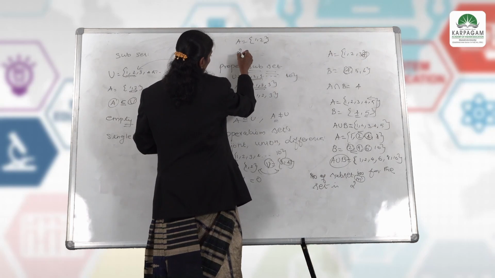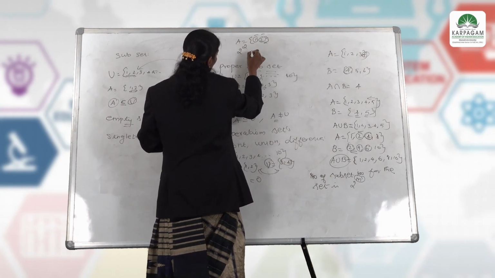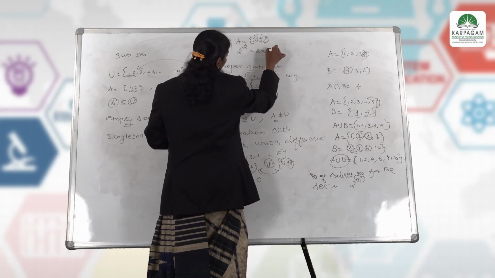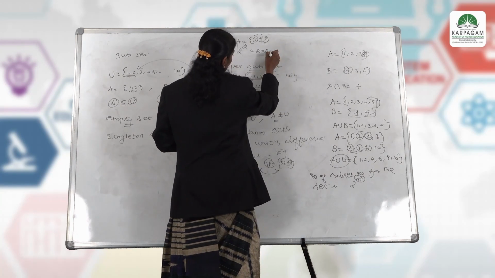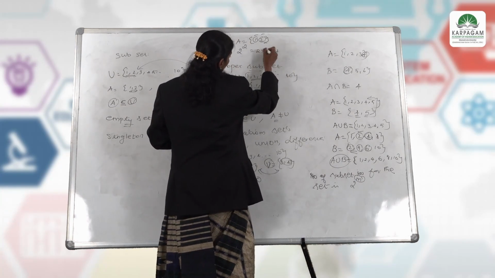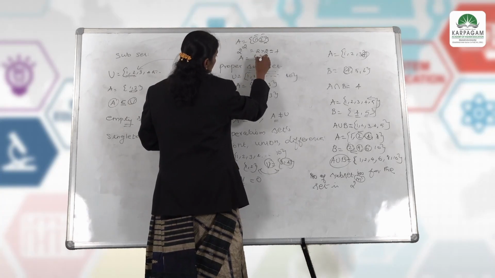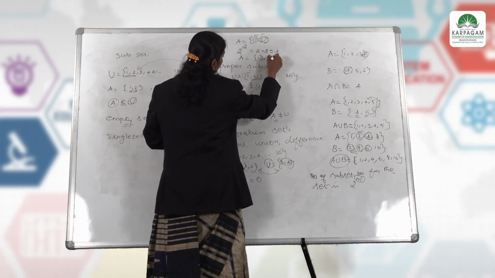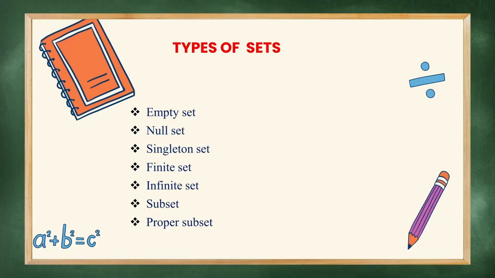Here we have to consider 2 power the number of elements, which is 2. So 2 power 2, that is equal to 2 into 2, that is equal to 4. So you get 4 subsets. So A is equal to, always the single values are subsets, {1}, {2}, then the pair {1, 2} and the empty set. Therefore, the total number of subsets is 4: {1}, {2}, {1, 2} and the empty set.